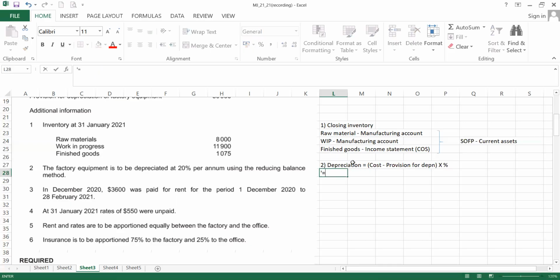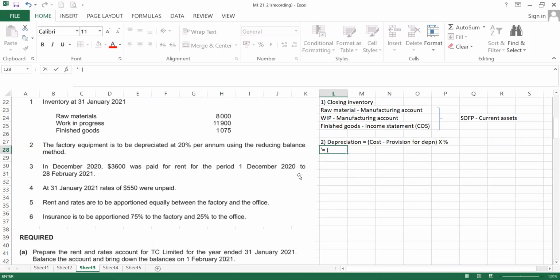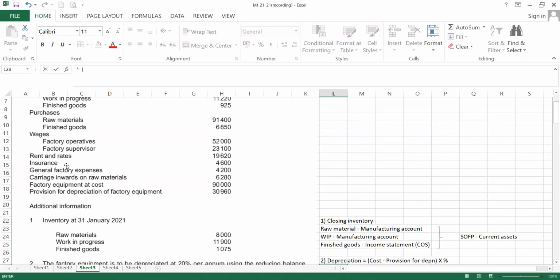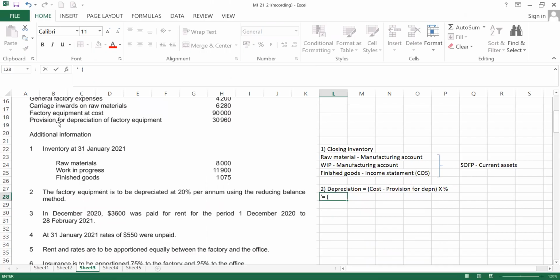So let's see what are the information. The cost of factory equipment is 90,000. And then the provision is 30,960 times the 20%. So this is the amount that we get.